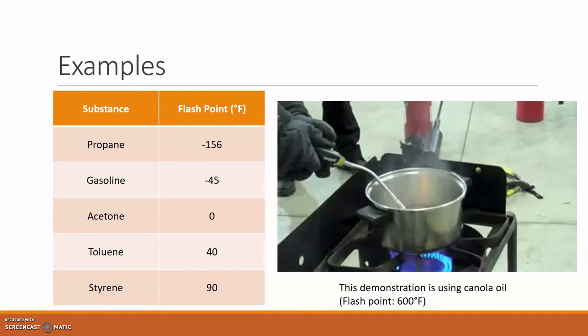That's an extremely low flash point, which means the vapors from propane are basically ignitable under most circumstances, whereas when you go up to something like toluene or styrene, those are still pretty low flash points, but it takes a lot higher temperature to ignite the vapors. The video here is a demonstration using canola oil that shows the different stages between flash point, flame point, and auto-ignition temperature.